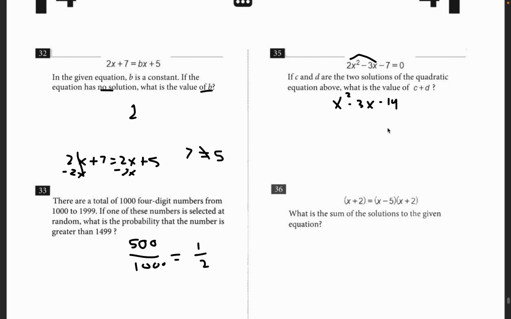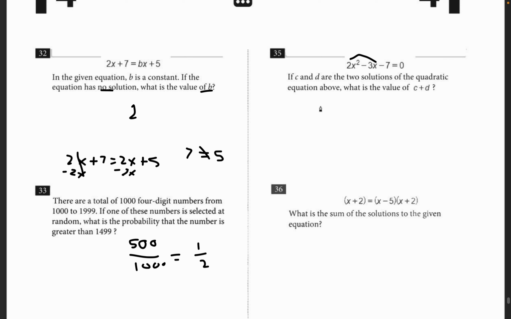I think that's factorable, is it? Okay, I don't think there's an easier way to do this. The sum of solutions is equal to, wait, let me see if I can just graph this then.